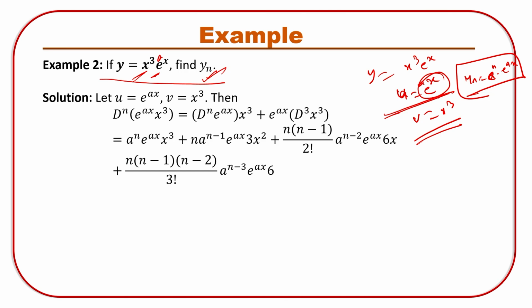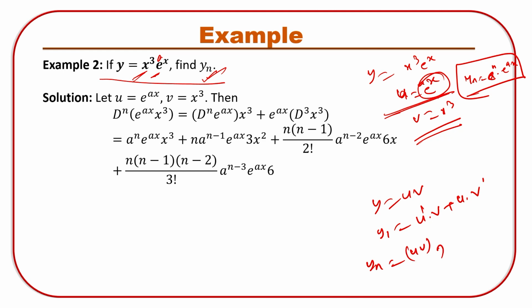But the product y equal to uv is not like this, because y1 will give you u dash into v plus u into v dash, right? So somehow we are looking for y^(n) equal to (uv)^(n).